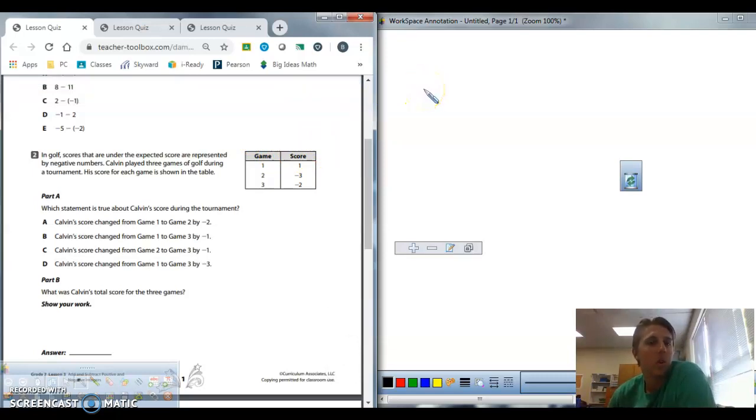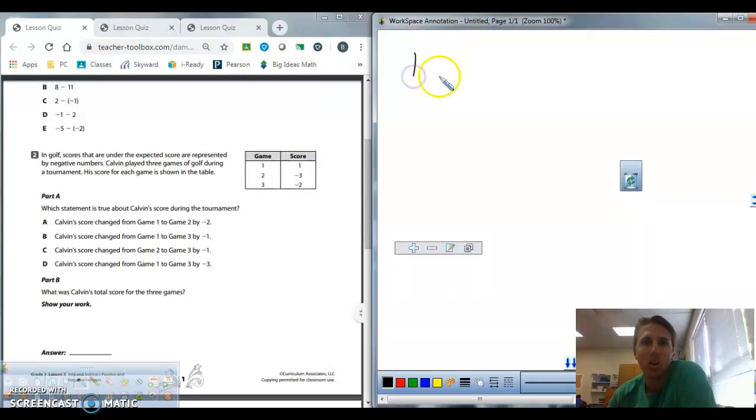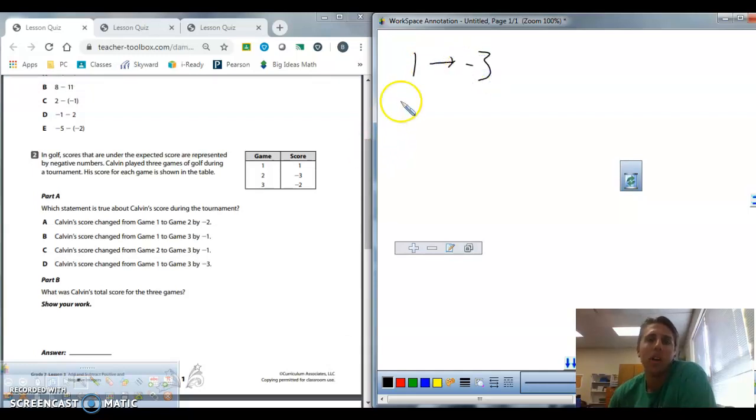Okay, so his score changed from game 1 to game 2 by -2. Okay, from game 1 that he scored a 1, and then he got to -3. Okay, well, from 1, if it changed -2 from 1, it'd be 1, and then if it changed -1, you'd be at 0.